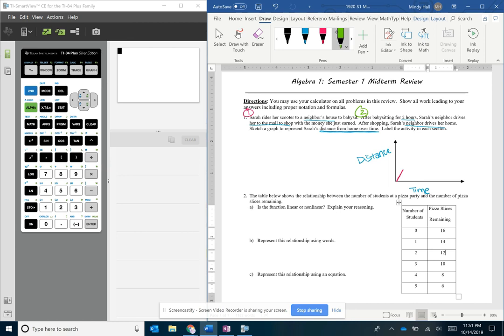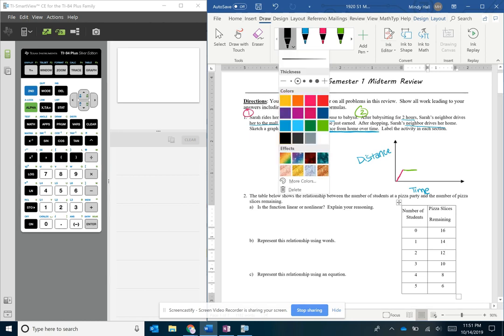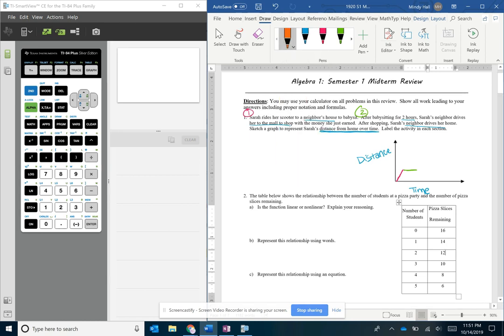Since she's babysitting, her distance from home isn't changing, but time is continuing. Then once Sarah's neighbor returns, they go to the mall. Because they're going to the mall, we can assume she is going farther away from her house, so again we're going up to increase that distance.